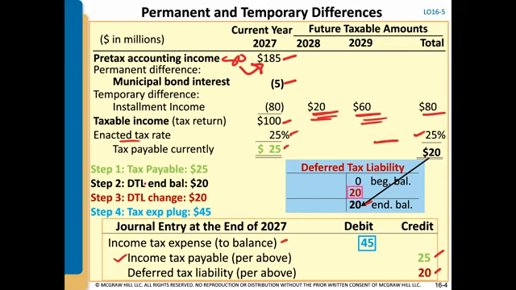So for this example, we've tax affected our deferreds that we're going to have to recognize as future taxable amounts in 2028 and 2029 at 25%.